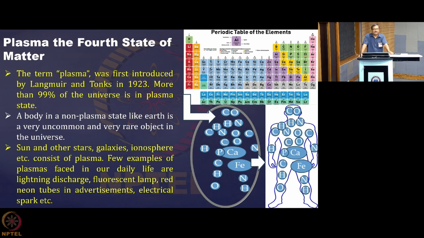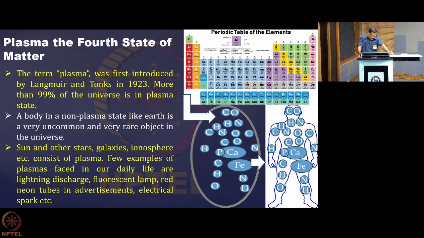They are distinctly different from each other. But if we call plasma a fourth state of matter, then how is it different? Is it really a fourth state of matter?